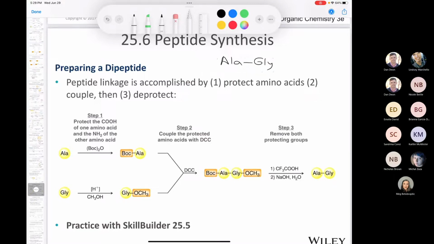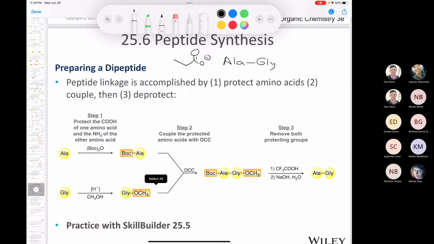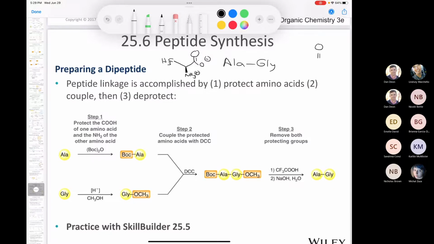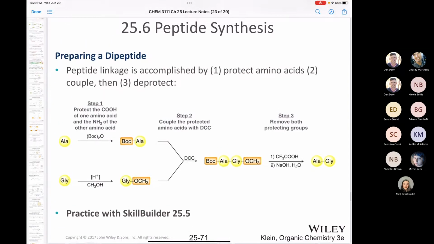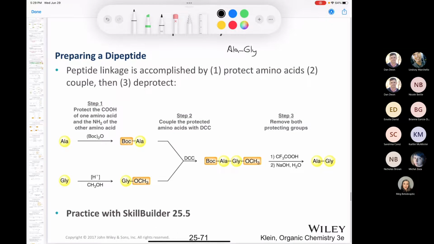Remember that alanine is an amino acid that has just a methyl group on it, whereas glycine has no R group. So the alanine has a methyl group on it, like this, and the glycine has no R group. There we go.